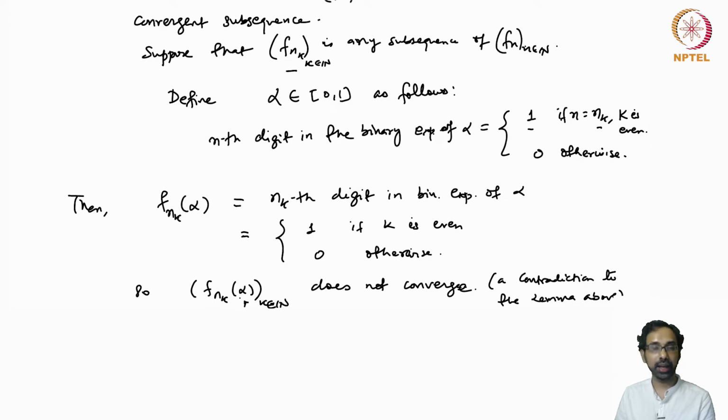So this alpha can be seen as the coordinate, and we have seen that if f_{n_k} converges, then it converges at each coordinate, and we have shown that for every sequence there exists a coordinate which does not converge. Therefore we have a contradiction, and so X is not sequentially compact.